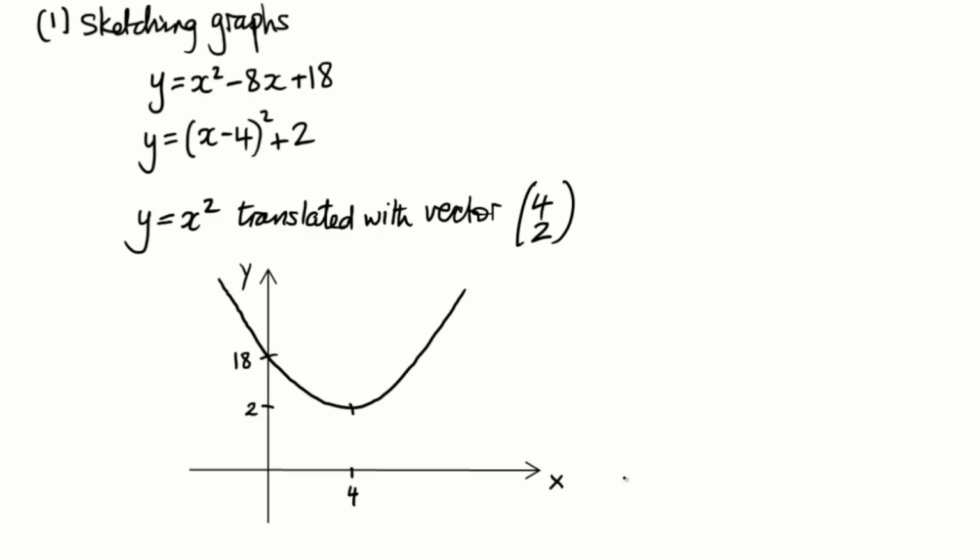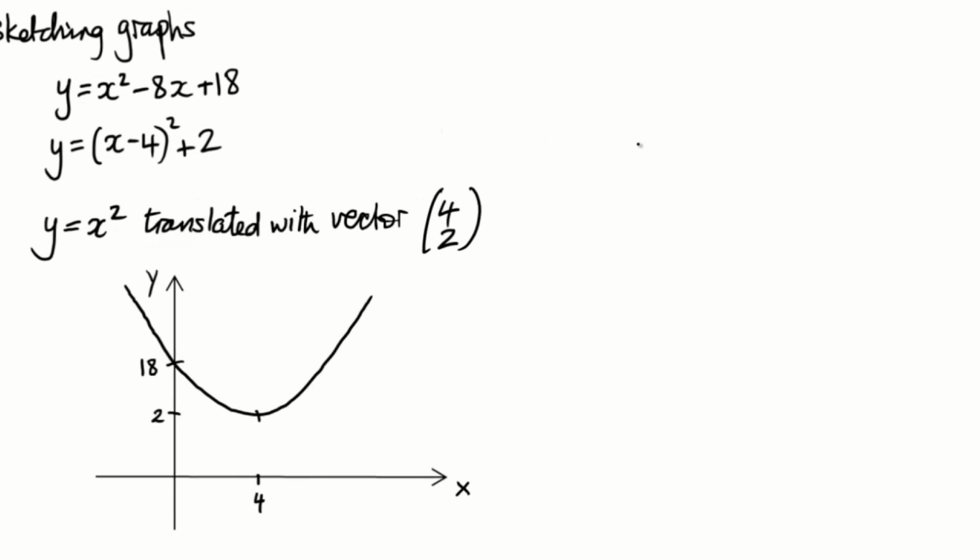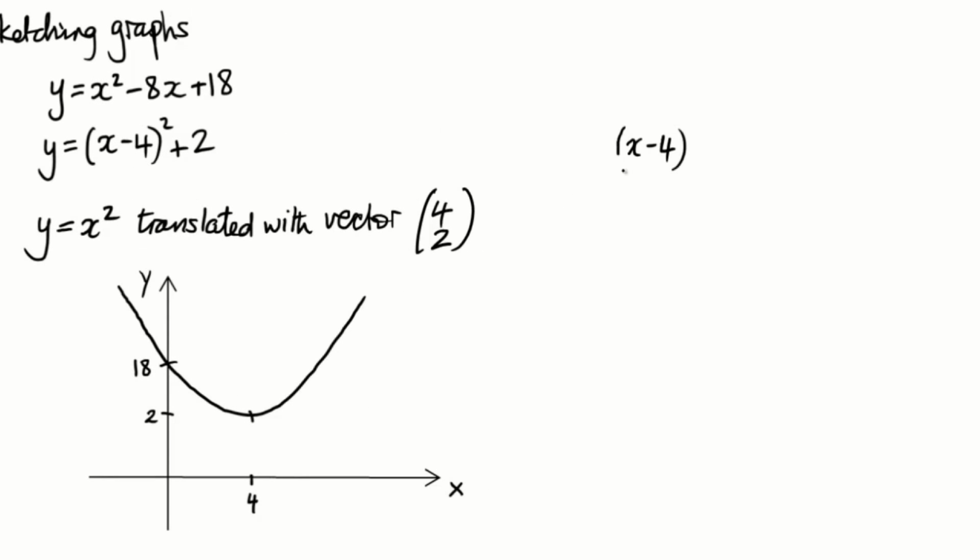Notice another benefit of this format is if the question says what's the lowest point, what's the minimum value of this curve, at A level it might start talking about the range of it, then we can see from this format up here that x take away 4 squared is always going to be bigger than or equal to 0.